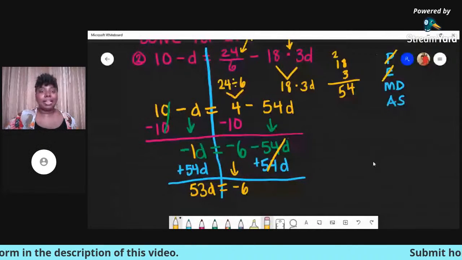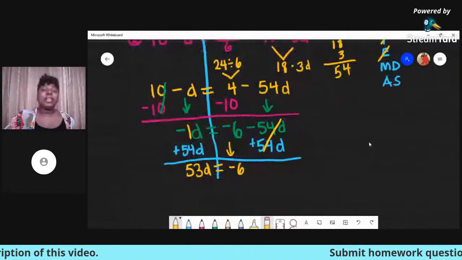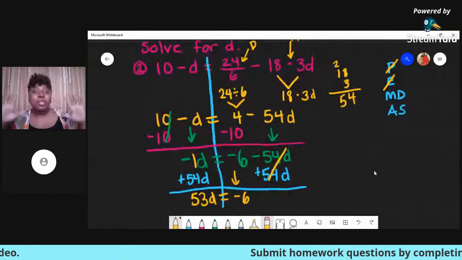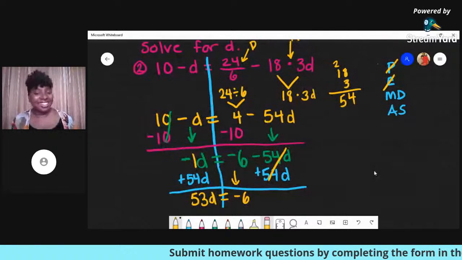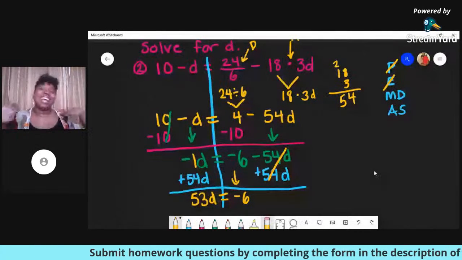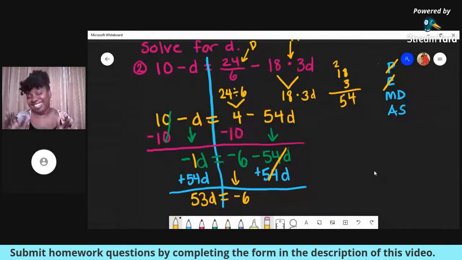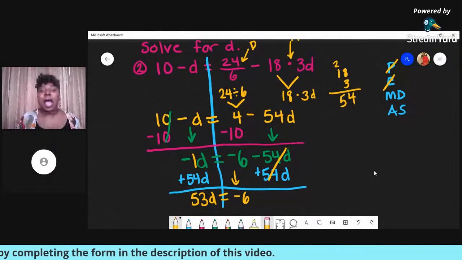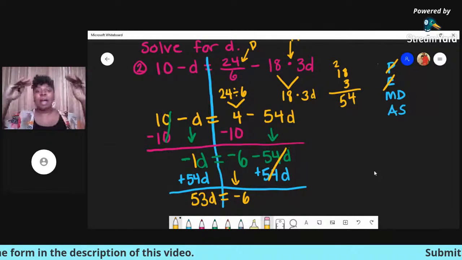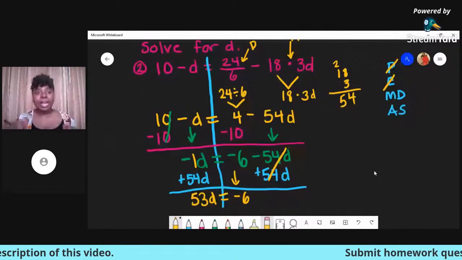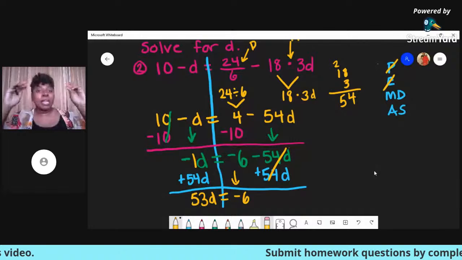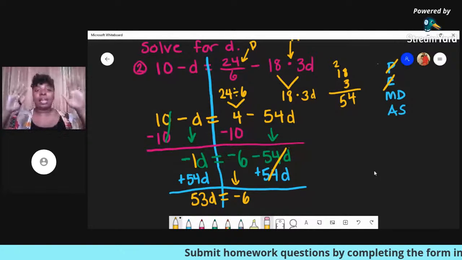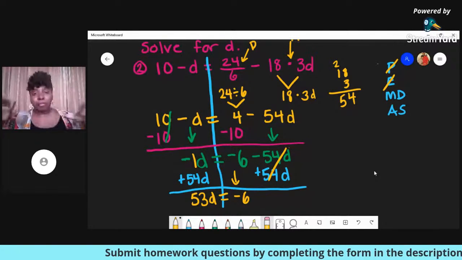Okay. Are we done? Now listen, this is one of those problems where you do all of this work and you're like, whew, I'm done. But we have not solved for D yet. I want you to notice how I'm setting up my work, taking it one step at a time so that it doesn't get jumbled and confusing.